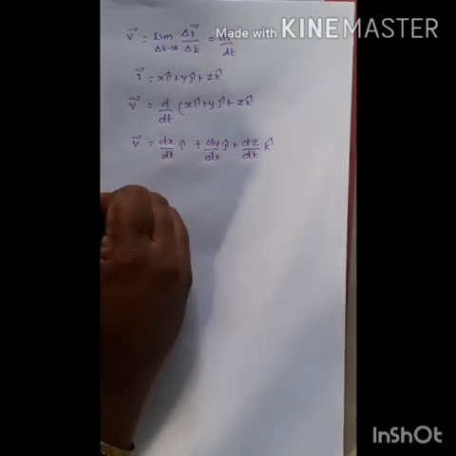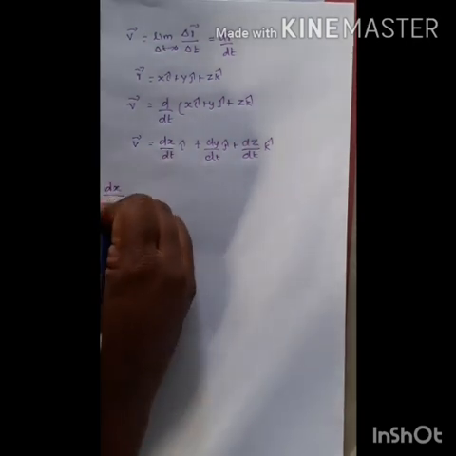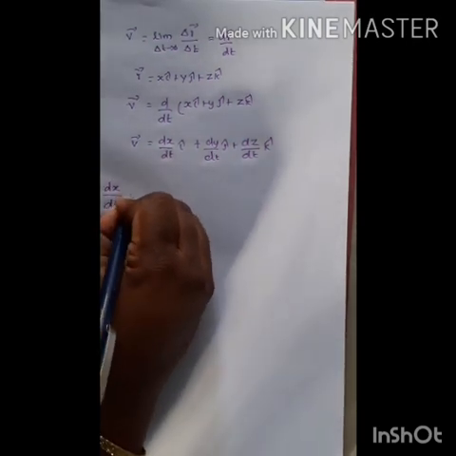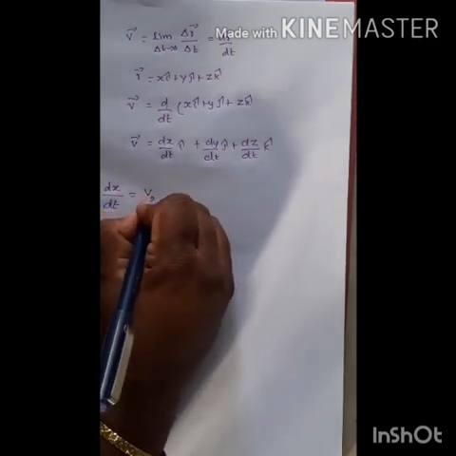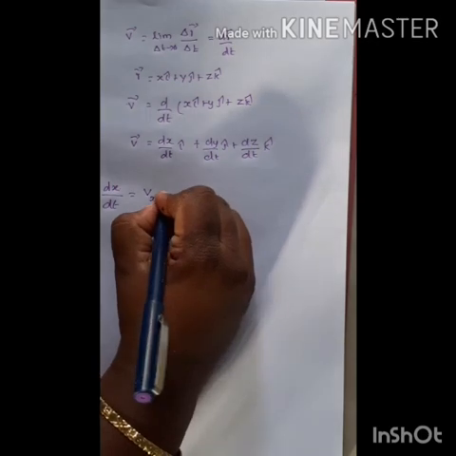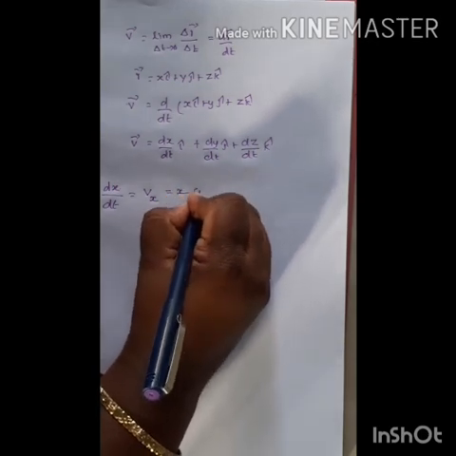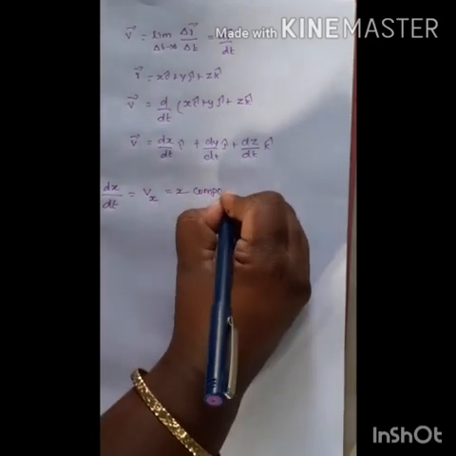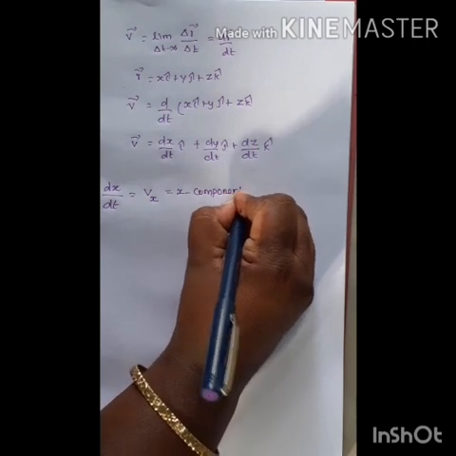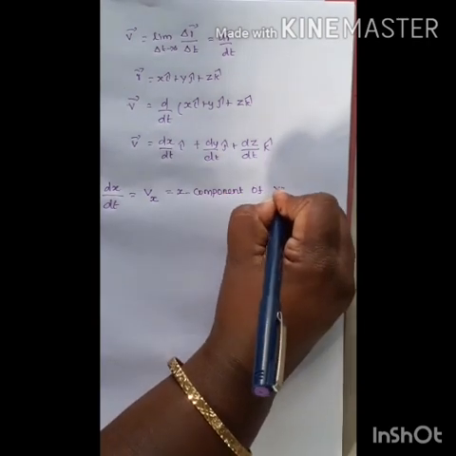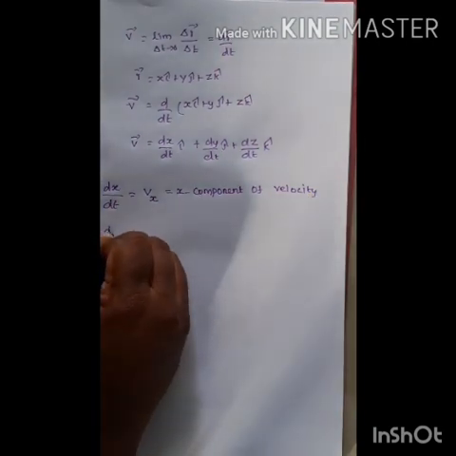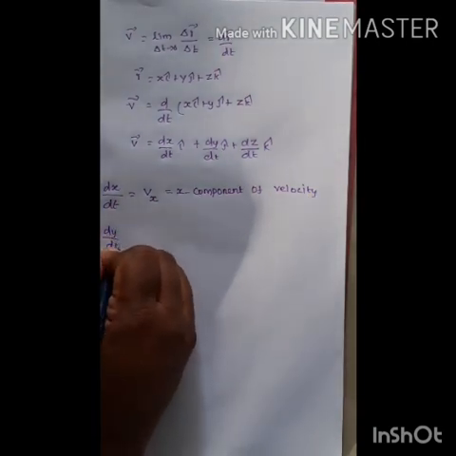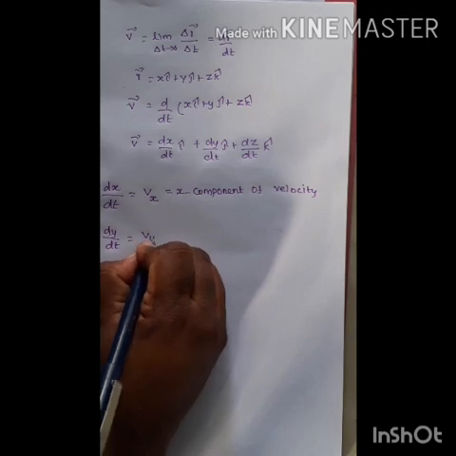In this equation, dx by dt, distance by time taken, is a velocity. This is the x component of velocity. Then dy by dt is equal to v of y.